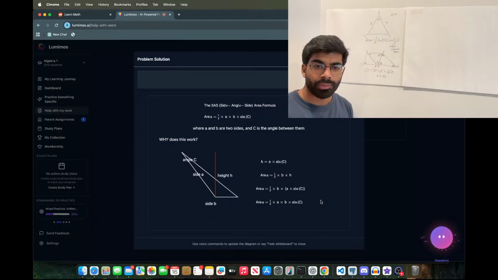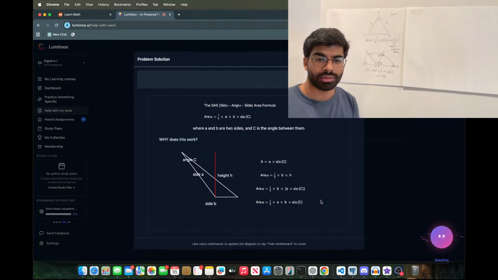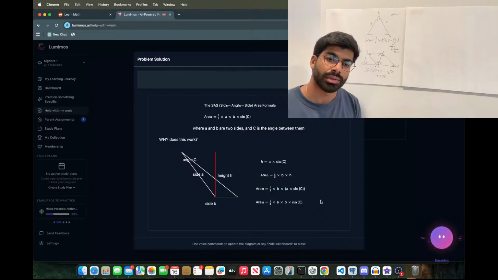Here's the key insight. You know the regular area formula: area equals half times base times height. But when you don't know the height directly, you can find it using sine. Look at the red dashed line. That's the height h. From trigonometry, h equals a times sine of the angle. So when we substitute that into the area formula, we get area equals half times b times h, which simplifies to area equals half times a times b times sine. Does that connection make sense? The sine basically helps us find the height without actually drawing it.